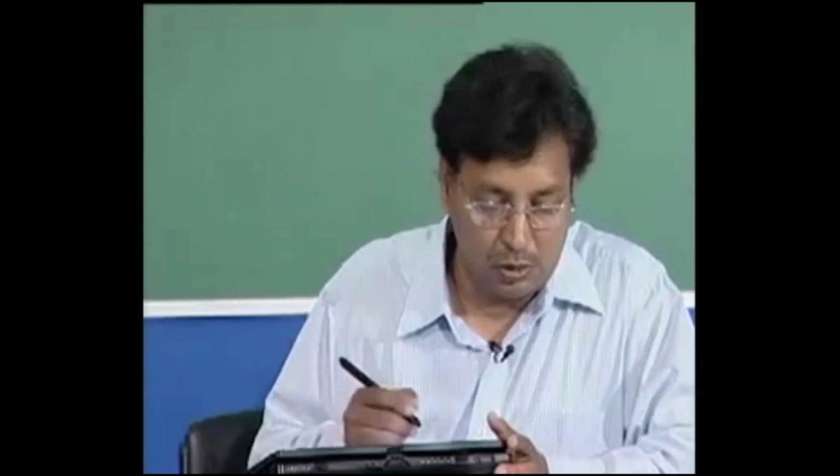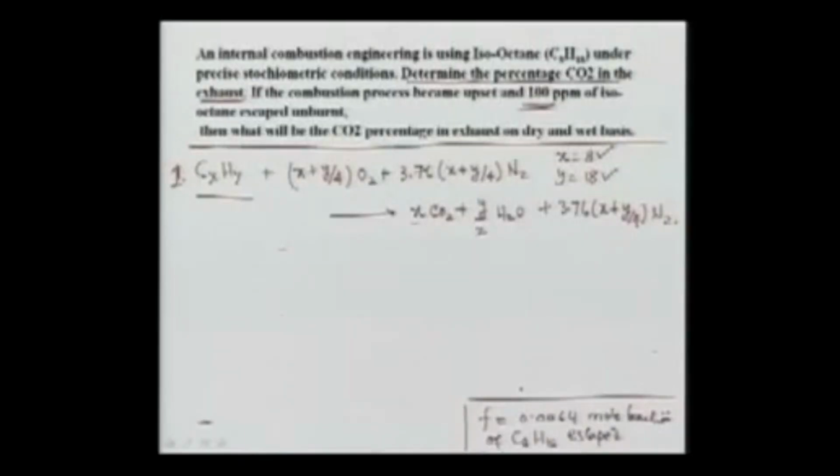So CO2 under the condition something is going unburned will be X minus Fx. So that is 8 moles of CO2 minus 8 into 0.0064. So that will be equal to 7.948 moles of CO2.